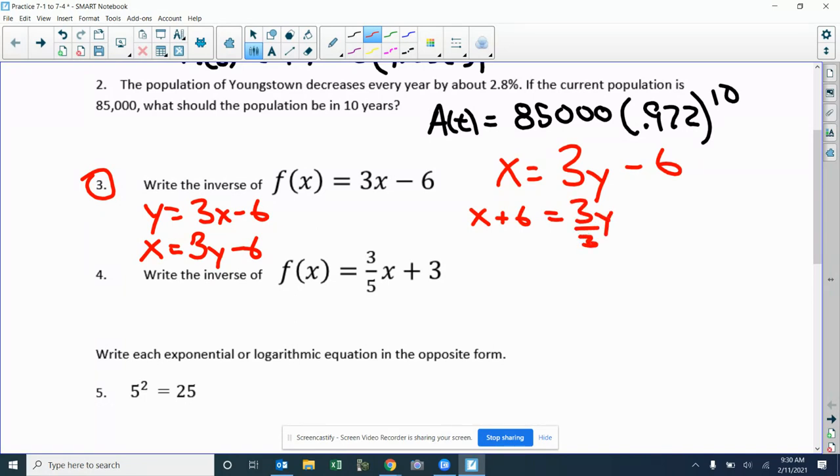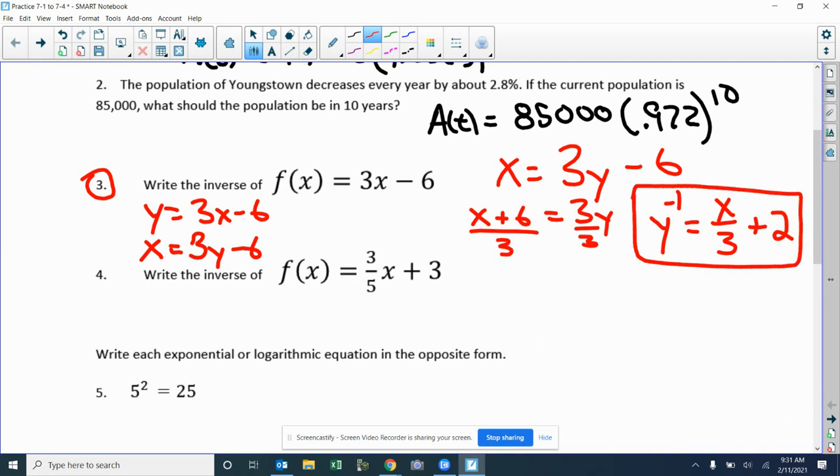And then, of course, divide by 3. So my y inverse, that's all that means, it means inverse, is x over 3, and then 6 over 3 would be plus 2. So there you have it. That's your inverse. That -1 is not negative, it means the inverse.